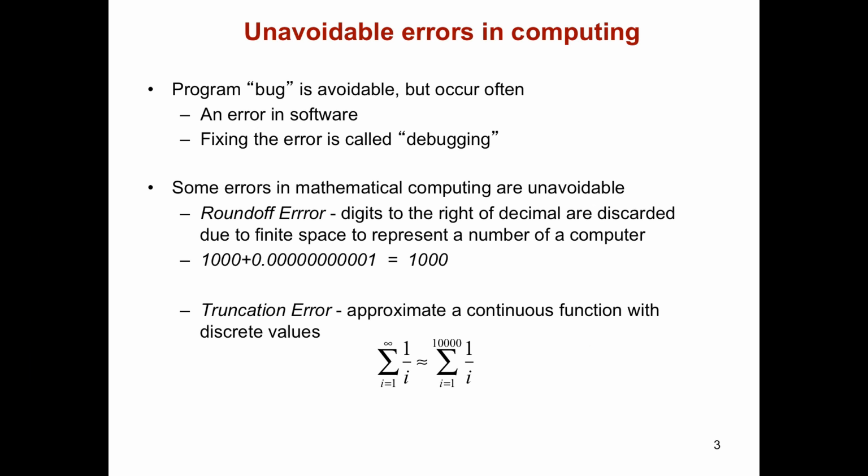And then there's truncation error that is there if I have an infinite sum. This is the error of chopping off the last part of the sum, so I can only figure out the first 10,000 or first 100,000 terms, but a finite number. So when I have a mathematical formula and I represent it by a truncated version of it, that is truncation error.